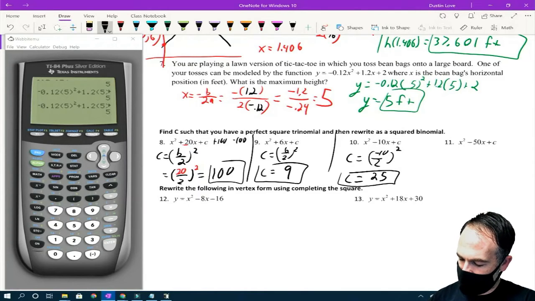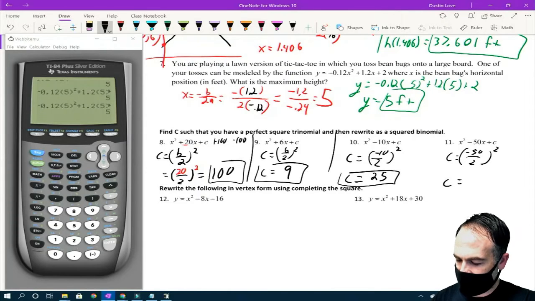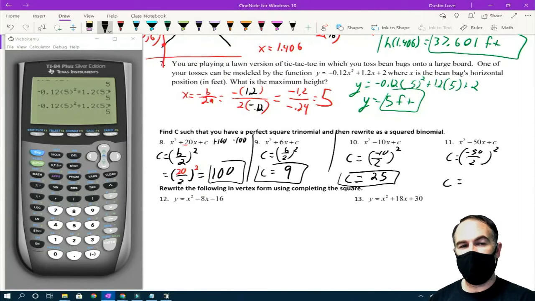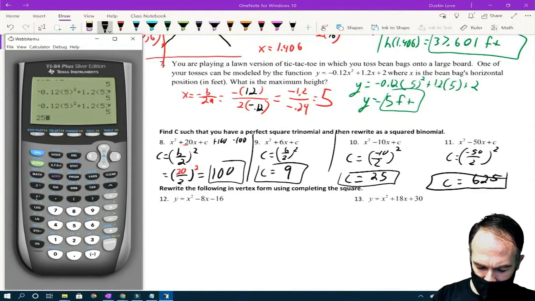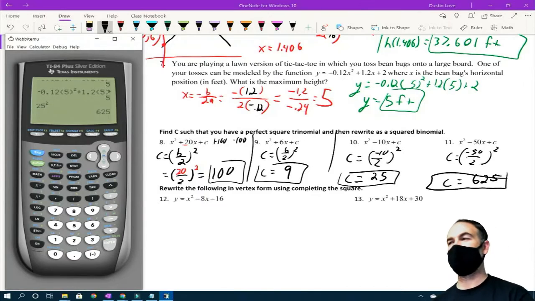And then here we had negative 50 divided by 2 squared. Well, negative 50 divided by 2 is negative 25. Negative 25 squared is 625. Let me double check. I believe, yep, 625.